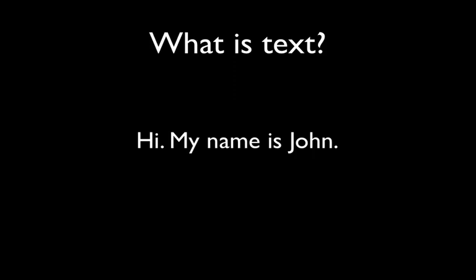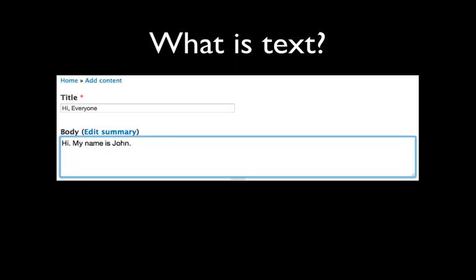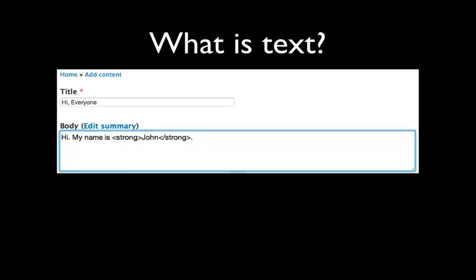This is text. And then people start entering other stuff. Okay, this is what we expect. But suddenly we realize it's not just text. People can actually enter HTML tags in Drupal by default. And that's not a big deal either.